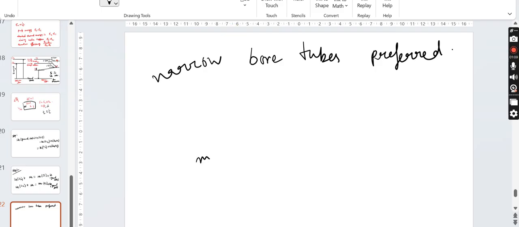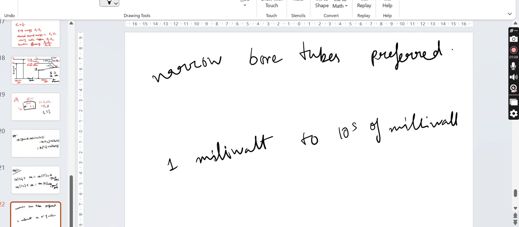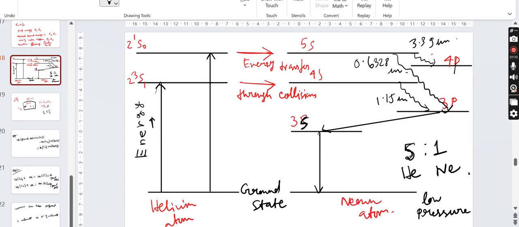And we can get 1 milliwatt to tens of milliwatt power from this laser. And single longitudinal mode operation is possible in the helium neon laser, if we choose the length that way.